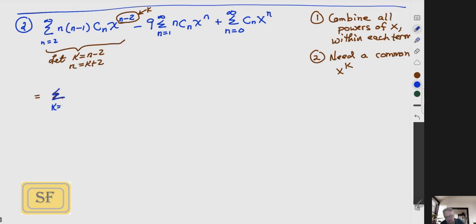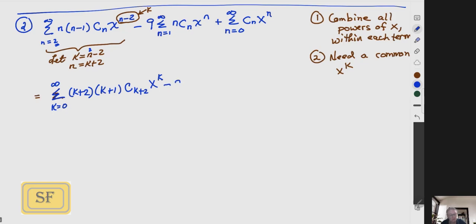We get k equals, let's see, n starts with 2, so k starts with 2 take away 2, or 0, to infinity, and then I have n, which is k plus 2, and n minus 1, which is k plus 2 minus 1, which would be k plus 1, and then c sub n, which is k plus 2, and then x to the k.